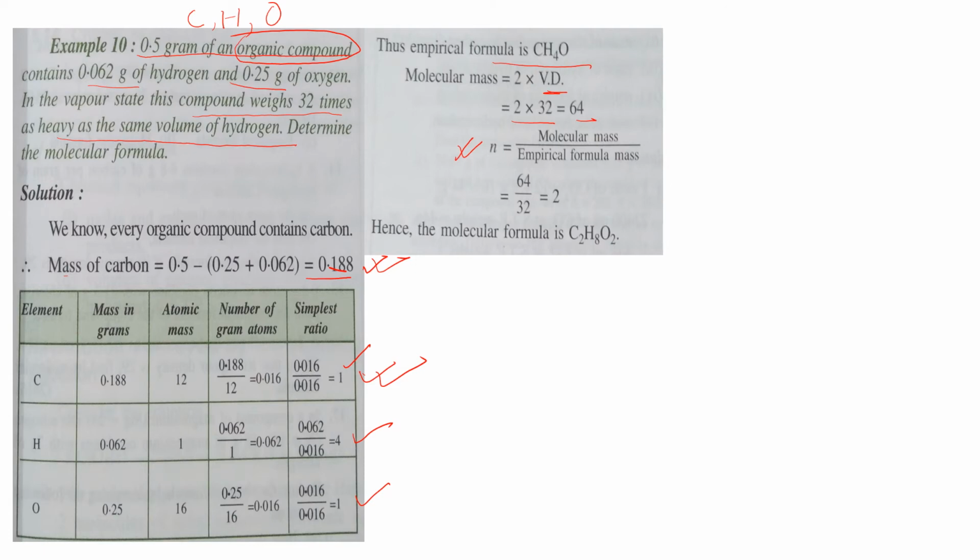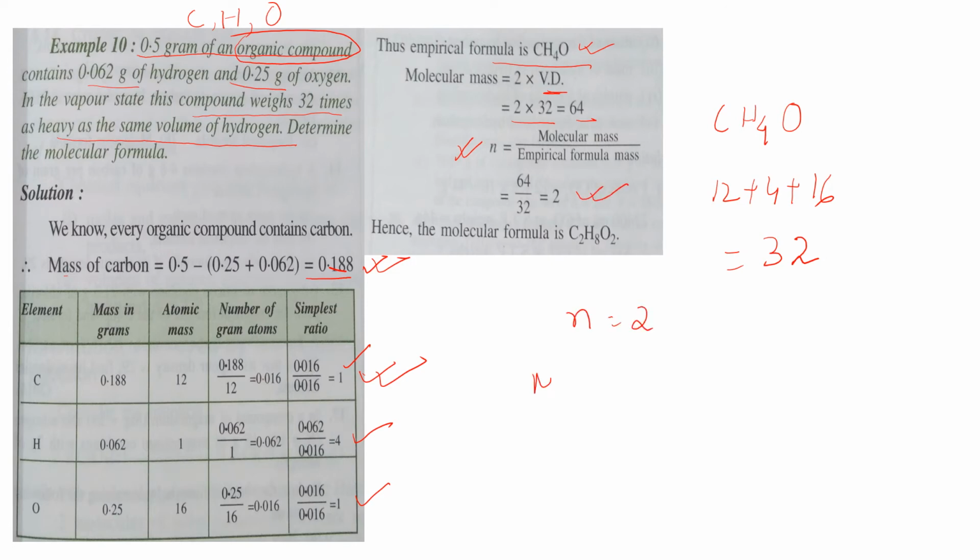So molecular mass is 64. Now the empirical formula mass of CH4O is 12 plus 4 plus 16, so we are getting 32. So 64 by 32, I am getting 2. So my n is 2.